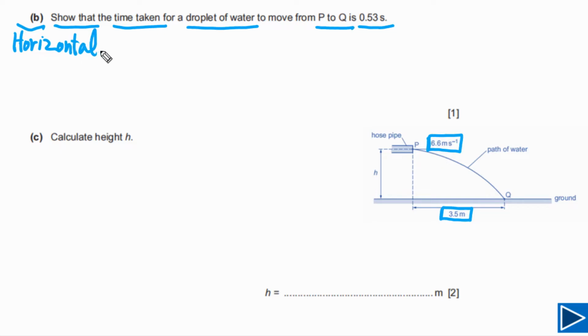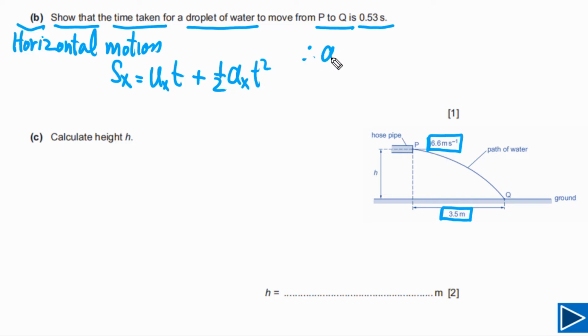For horizontal motion, we can write horizontal displacement equal to ux times time plus 1/2 ax t squared. But in this case, ax is equal to 0 because there is no resultant force acting along horizontal. So horizontal displacement is equal to ux times t, because ax is equal to 0. So it means this term is equal to 0.